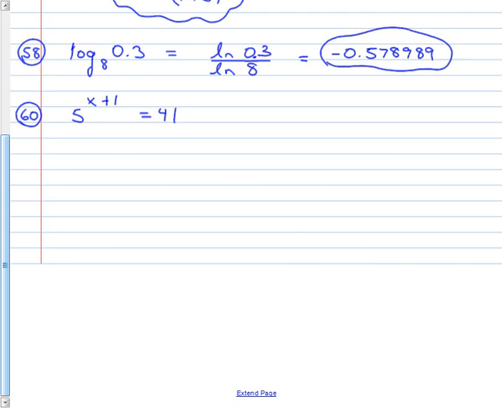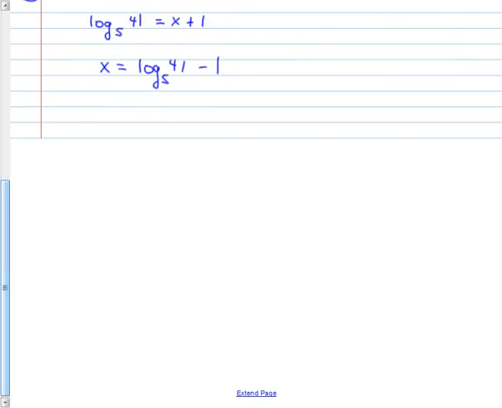So I'm going to rearrange this into logarithm form. My base is 5, so I get log base 5 of 41 would equal my exponent, which is x plus 1. I'm trying to solve for my x, so I'm going to subtract 1. I'm going to write my x first. I have log base 5 of 41, and I'd have to subtract 1.